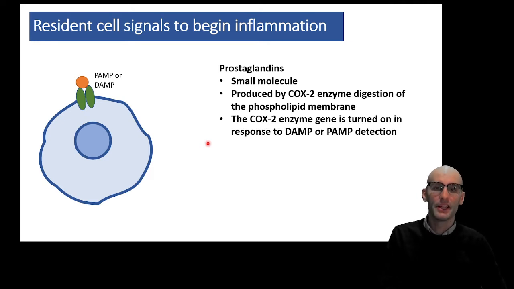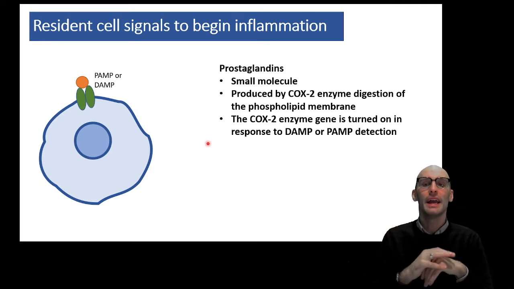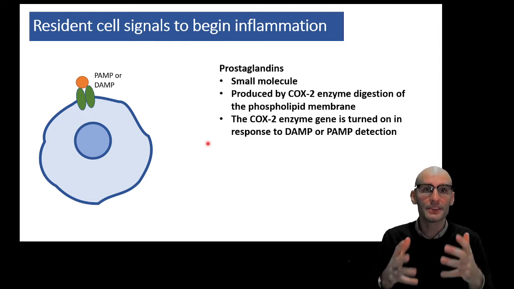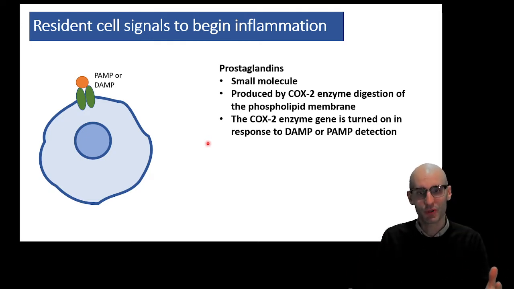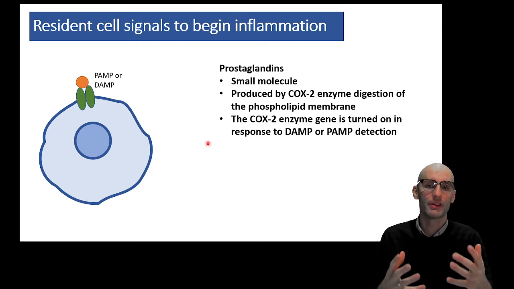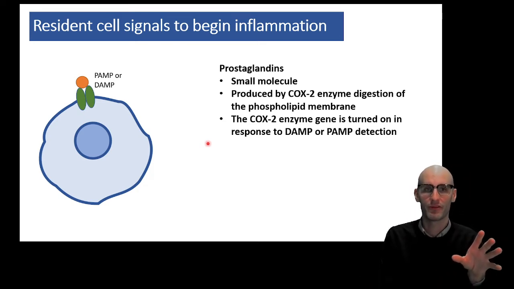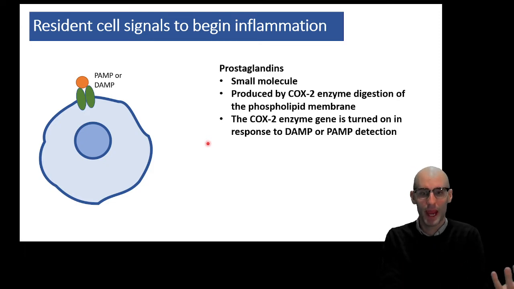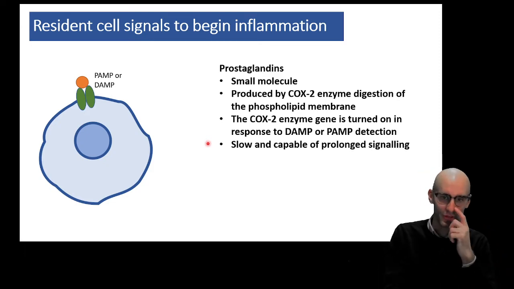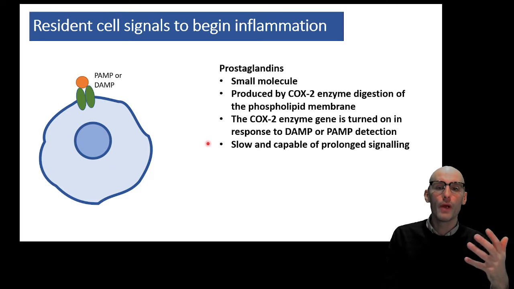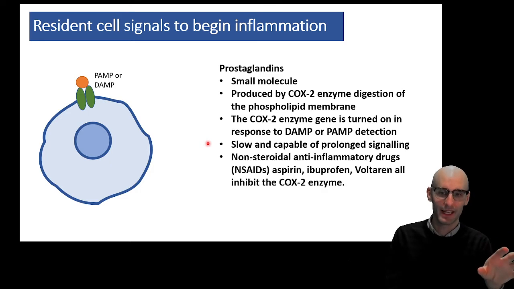COX-2 is an enzyme that's not normally expressed in the cell, and it's turned on in response to DAMP or PAMP detection. So we get activation of our pattern recognition receptors by a DAMP or a PAMP. The COX-2 enzyme is turned on, and it is slow and capable of prolonged signaling.